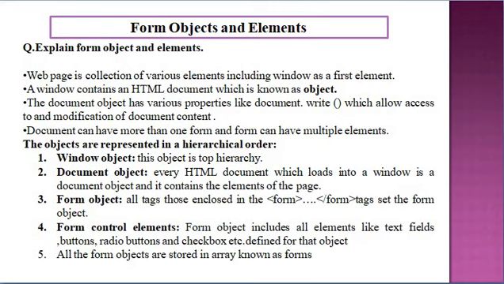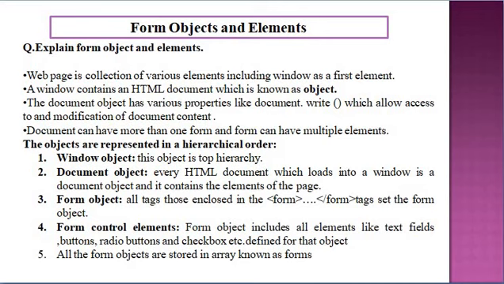All the form objects are stored in an array known as forms. A form is placed on a document and the form objects are stored in the array called forms, and they appear in the order in which the forms appear in the document.